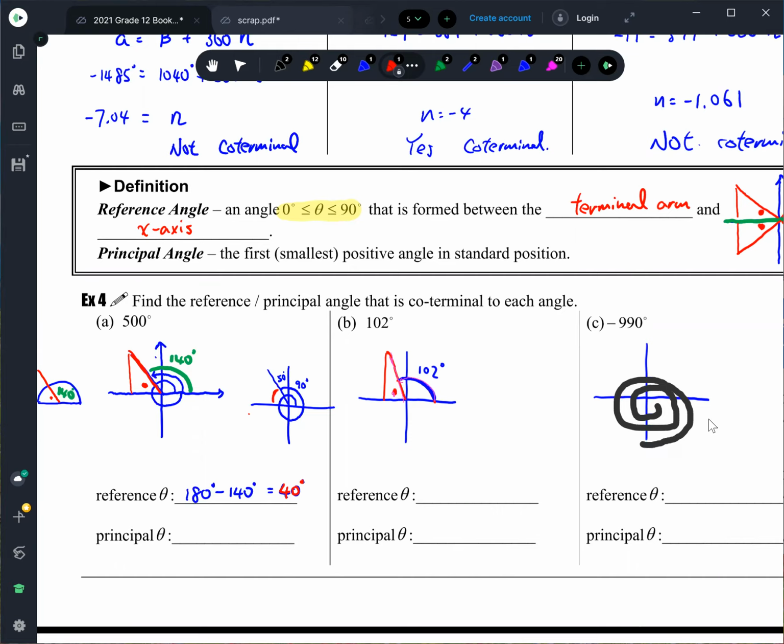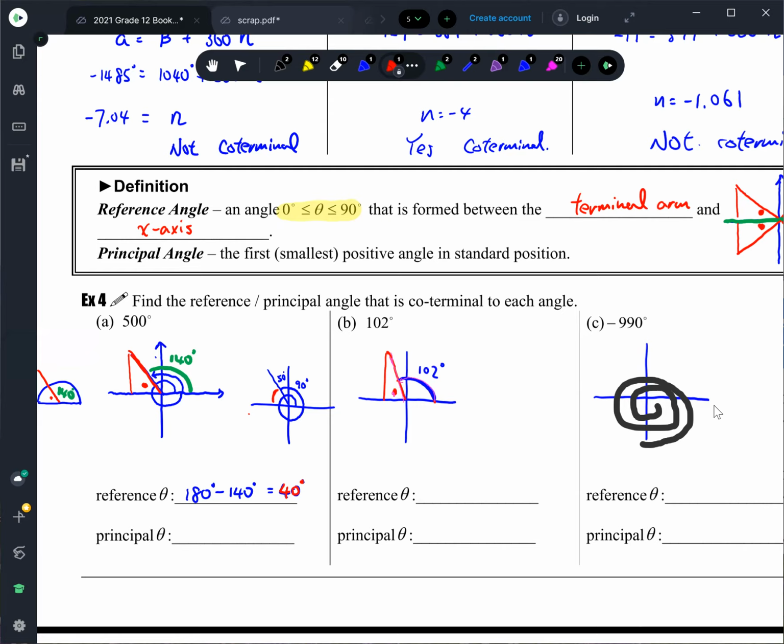Sorry, it's kind of hard to do. Yeah, pretty good. You sure you stop at the right place? Oh, negative. I realized I did it the opposite way on my graph. Well, the direction is correct, right? Clockwise. Okay, but the stopping place, the terminal arm, I think is not at the right place.